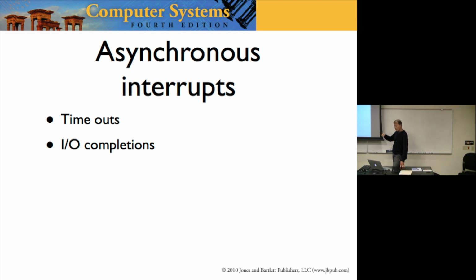Then it can take the next job that needs to be processed, put it in there, and turn control of the whole processor over to the application, and that app can be running, and then all of a sudden that hardware alarm clock goes off. Bzzz. And what that causes is what's called an asynchronous interrupt. Here we have two different examples of asynchronous interrupts.